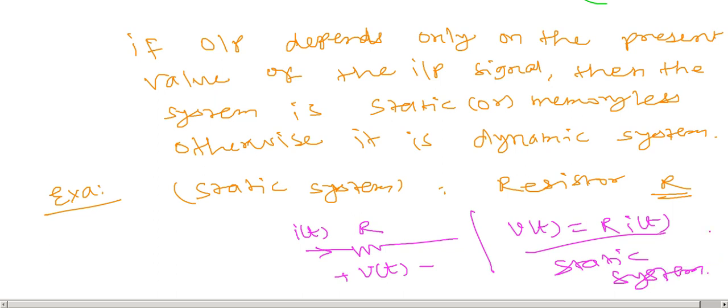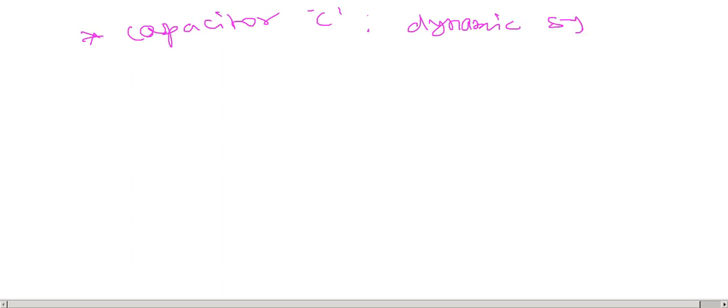Now, as opposed to this, a capacitor is an example of a dynamic system, or with memory system.